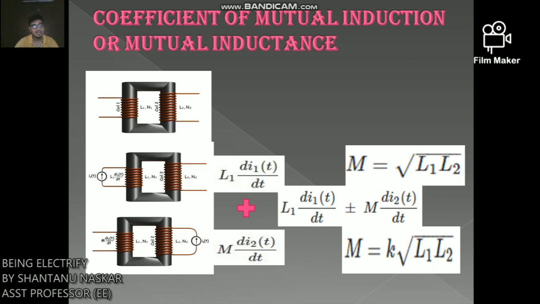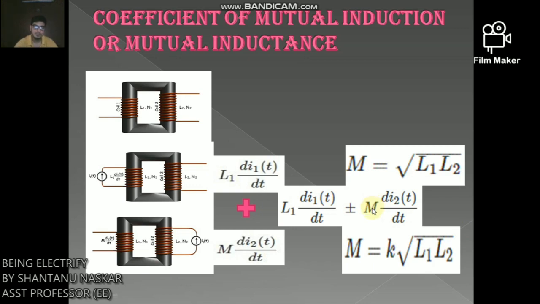So the resultant EMF induced in the coil 1 is L1 di1(t) by dt plus M di2(t) by dt. Okay, this total. So this plus this equals to this.